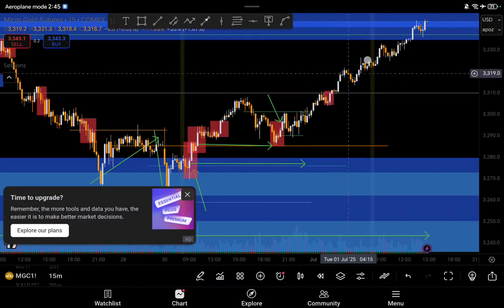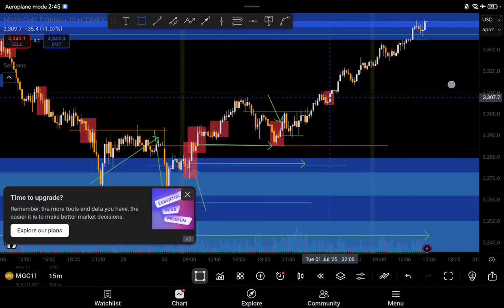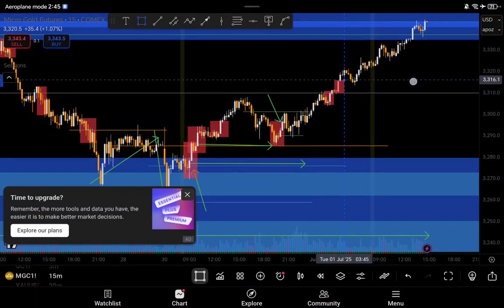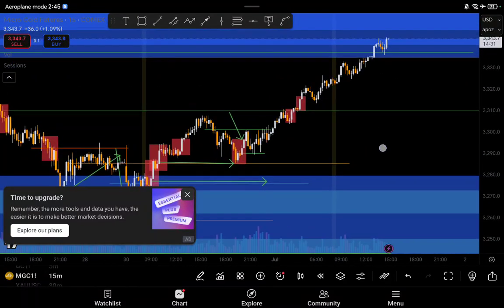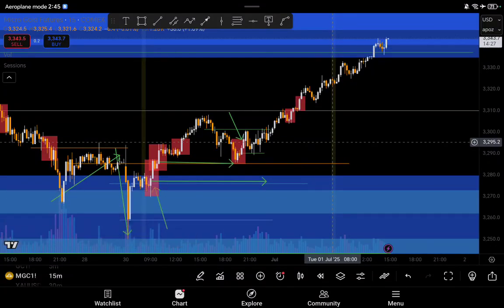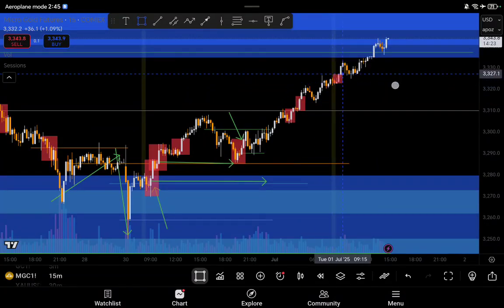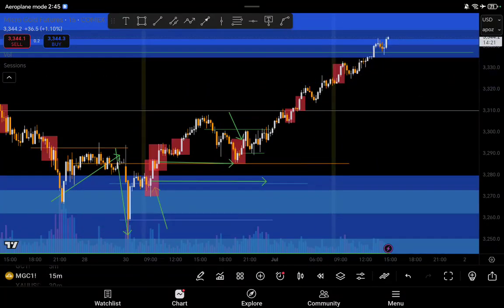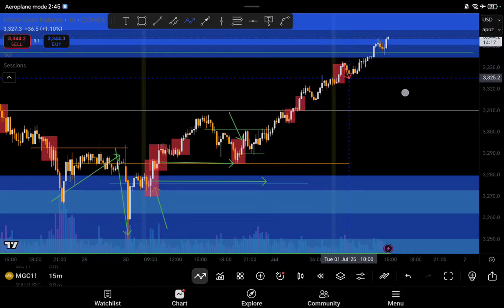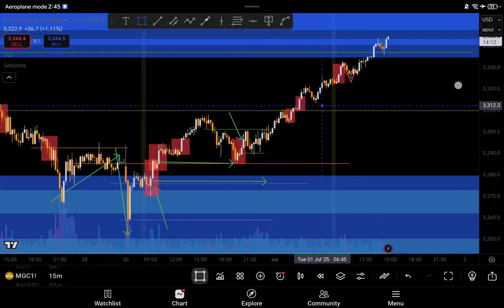Before market close over here, and then continue buy, continue market, continue buy, and come into today. Okay, today Asia open, continue buy, market pulls back into the Asia open and continue buy.